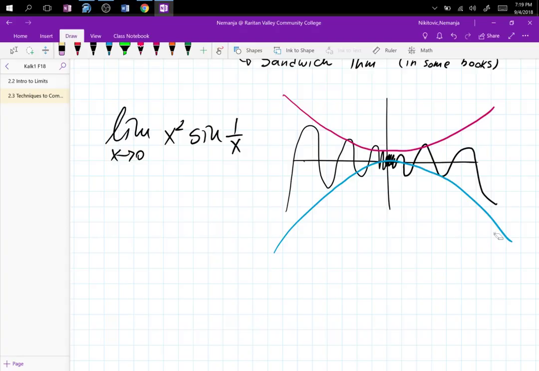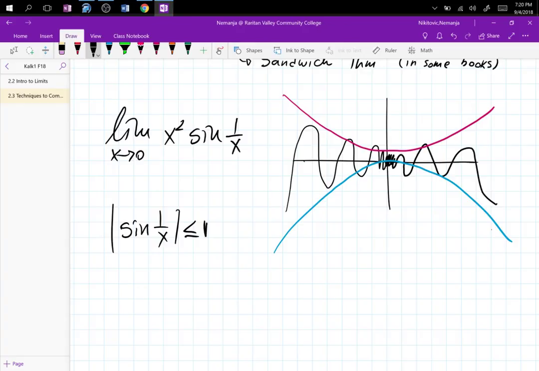So what do we do? I build these functions. I know that the sine function is bounded by 1. Sine function can never return a value bigger than 1 or smaller than -1.